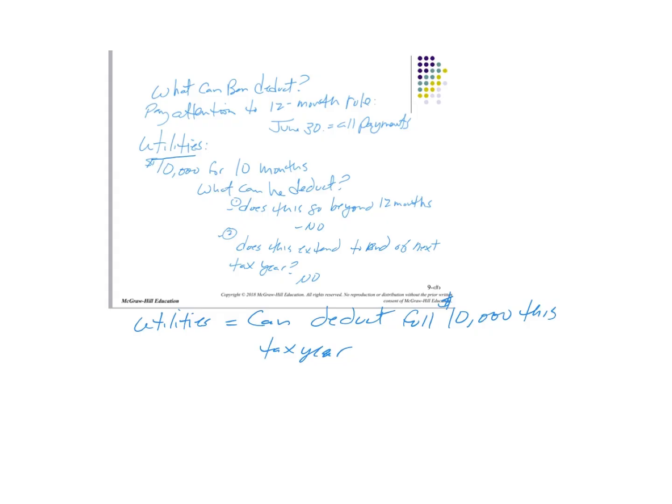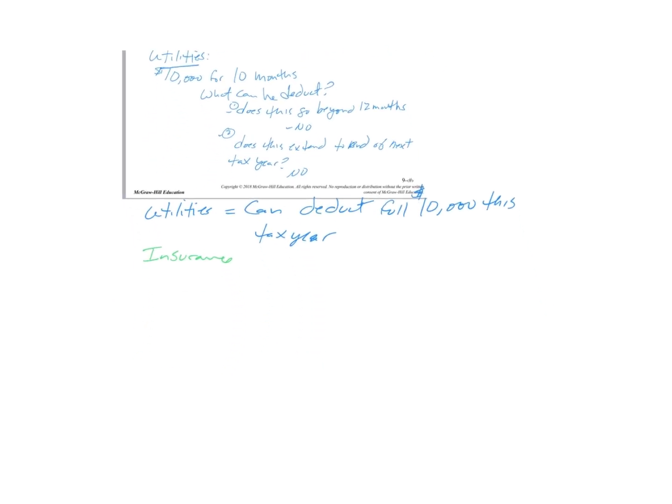So now, what's the next one? The next one is insurance. What of that can he deduct this year? Well, what did he spend? He spent $12,000 for 24 months of insurance. Same 2 questions.